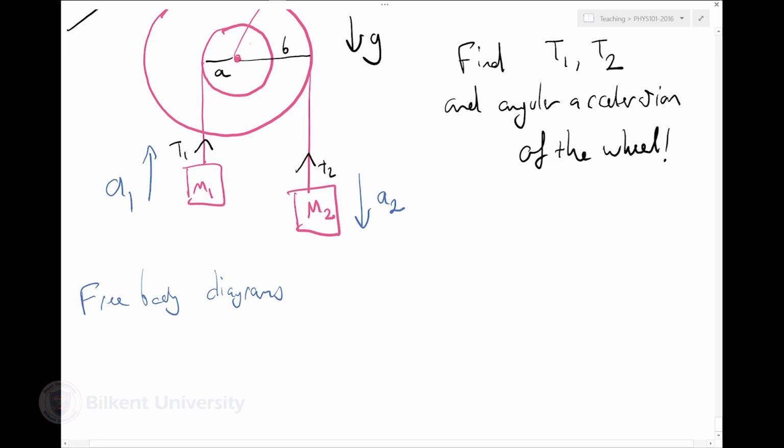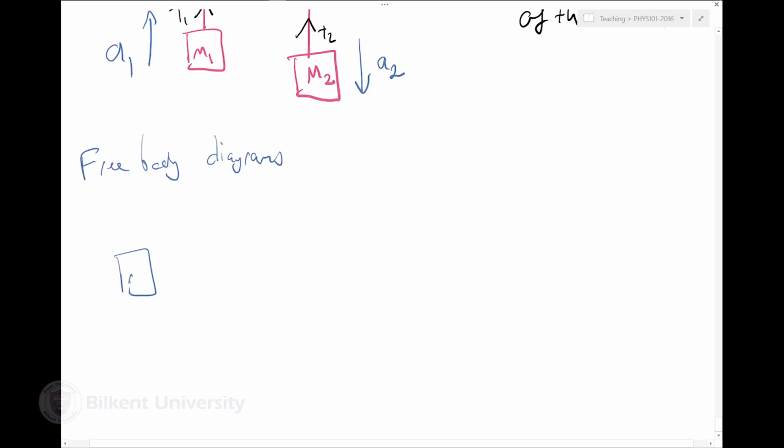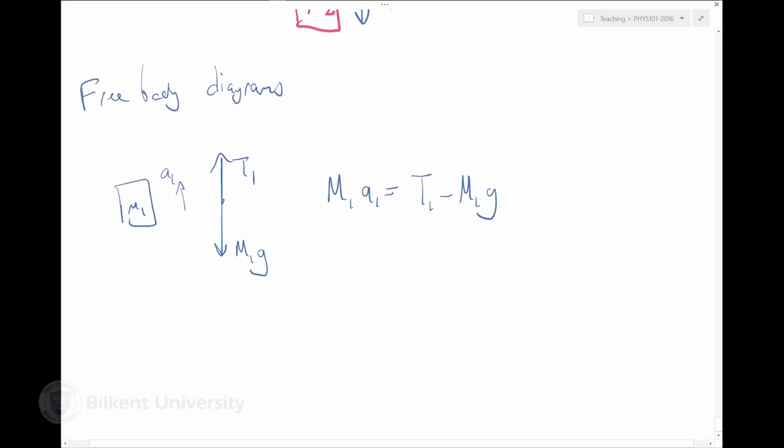For M1, what do I have? I have T1 pulling it up, M1G pulling it down, and its acceleration is A1. So M1 times A1 is T1 minus M1G.